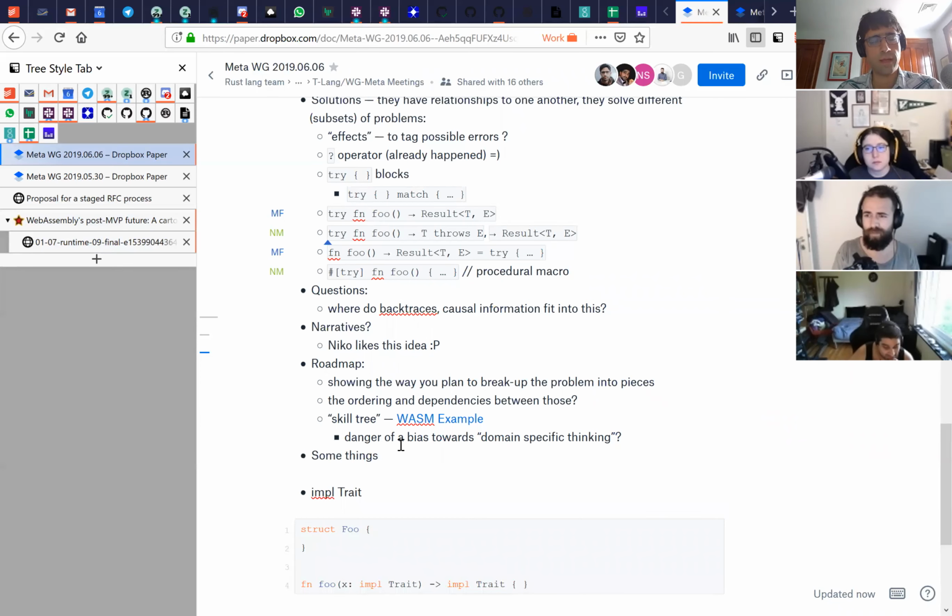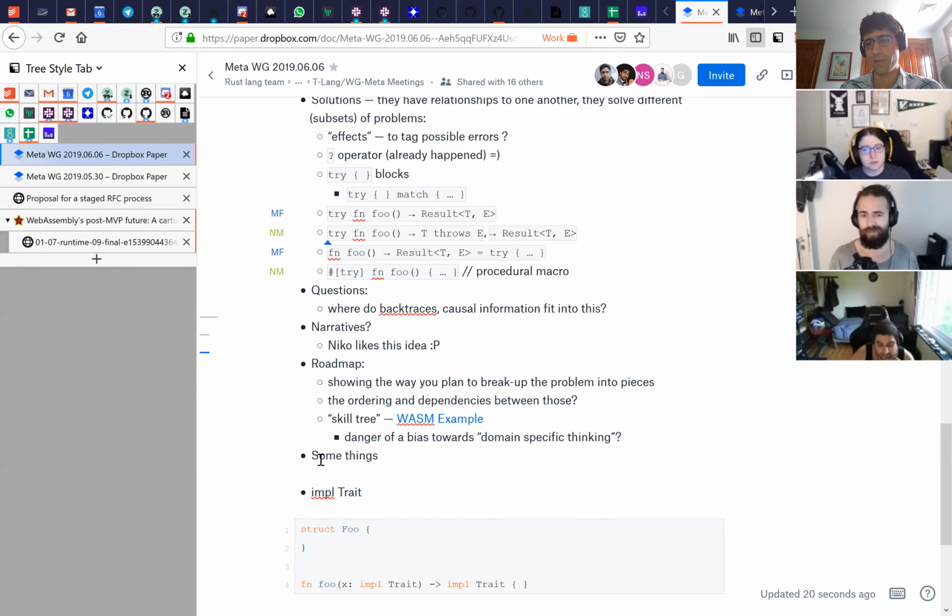I think you're right that there's a danger there if you overly narrowly focus, but I think the antidote is A, keeping in mind general purpose, but also B, that the skill tree is a number of different domains. That's the point of it, essentially. Right.